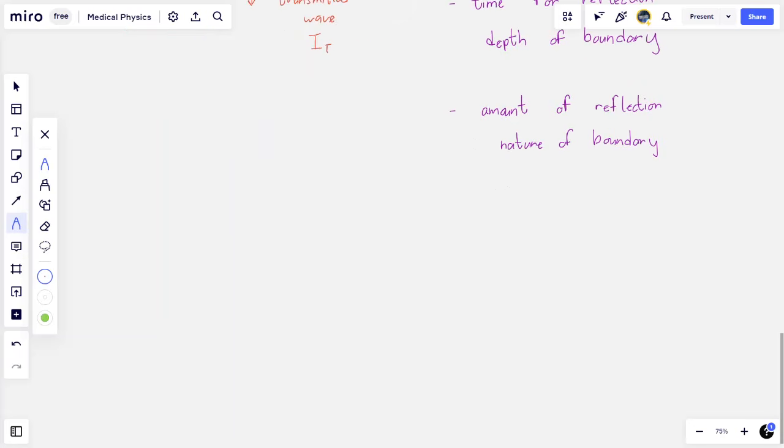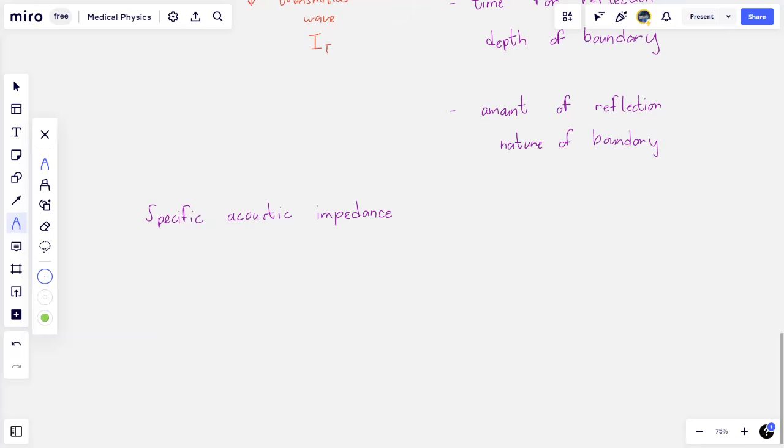Now, how do we know exactly what type of boundary we are looking at? And why do different boundaries have different amounts of reflection? And this is where specific acoustic impedance comes in.